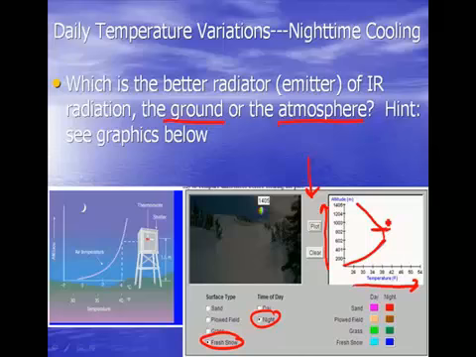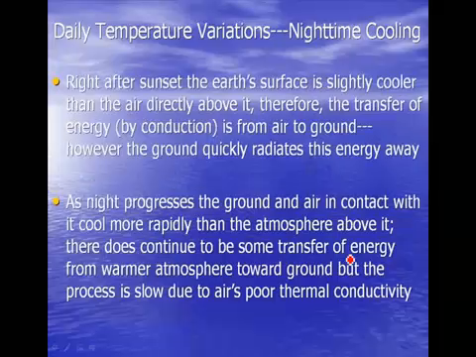So what do you recall? Well, from this particular example, you would say that the ground is a much better emitter of infrared radiation. And we see this because the ground right near the surface is the coldest part. In other words, it's emitting most of its radiation. And the air directly above it, there's some transfer of energy there by conduction, but very little, since the atmosphere is a poor conductor in terms of thermal conduction.